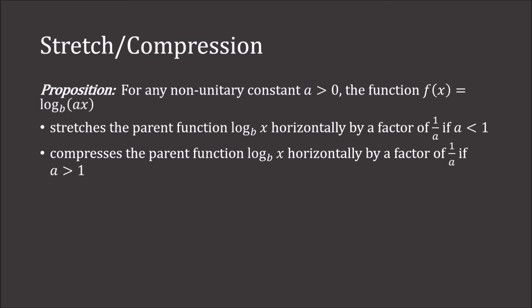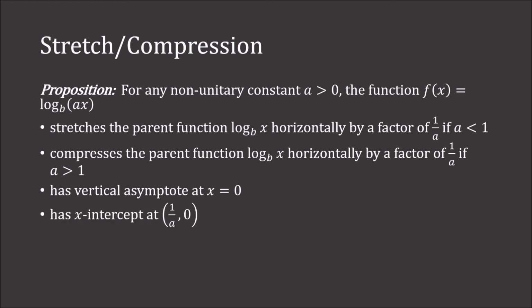It will have a vertical asymptote at x equals 0. It'll have an x-intercept at (1 over a, 0). Its domain will still be all positive real numbers, and its range will still be all real numbers.